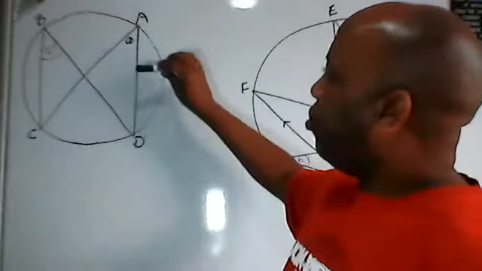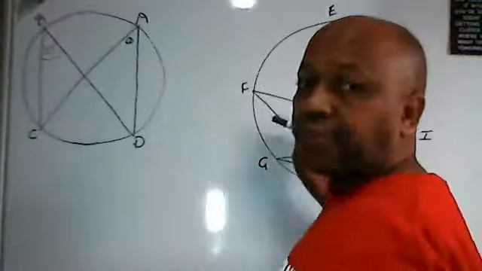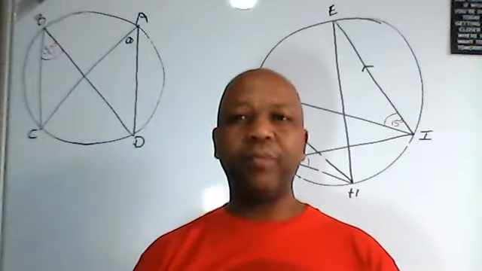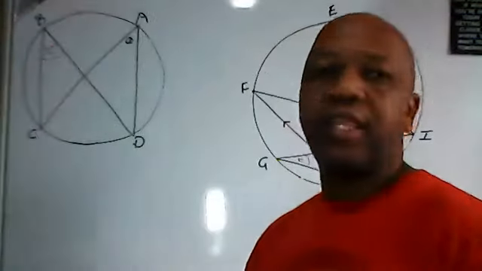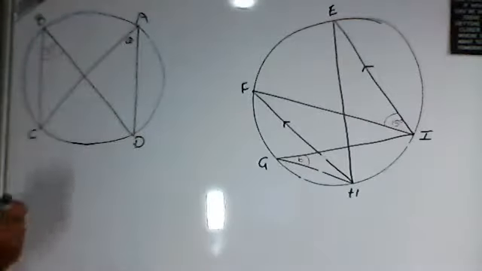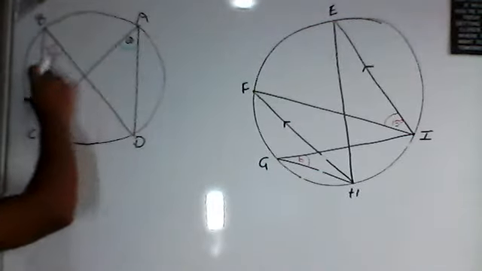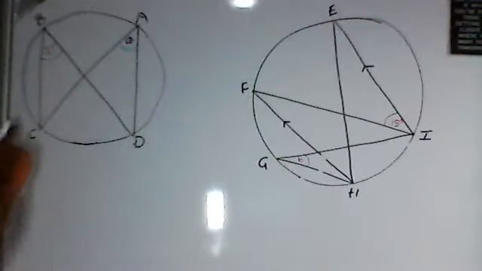Today we're going to use that theorem to solve these two problems here. Let's start with this one on our right. Here we want to find angle A, and we are given that angle as 30 degrees.